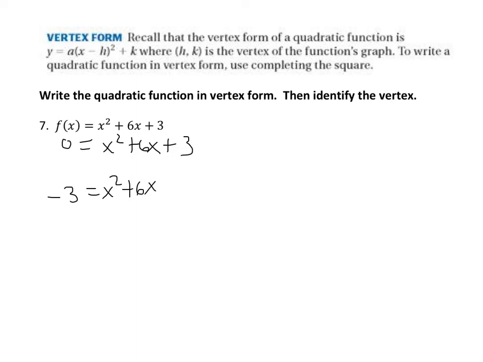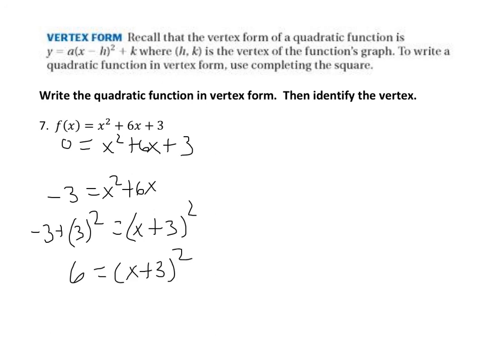Complete the square. So you have negative 3 plus b divided by 2 squared. So 6 divided by 2 is 3. Equals the quantity x plus 3 squared. So now you get negative 3 plus 9, which is 6, equals x plus 3 squared.